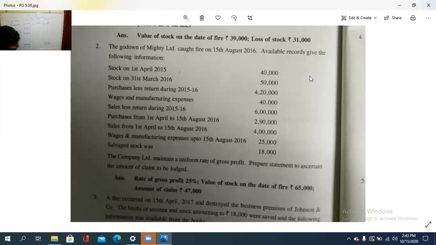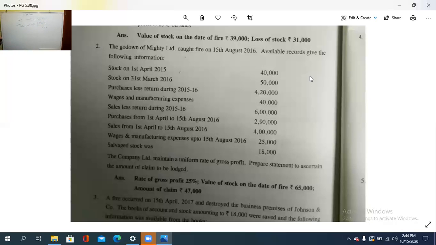Next, we need to calculate the net loss on stock by fire. The insurance policy amount is not given in the question, so we need not calculate the average loss. No need to calculate the average loss here. So the net loss calculation is the gross loss, that is the stock value at the date of the fire, 65,000, less salvage value 18,000.